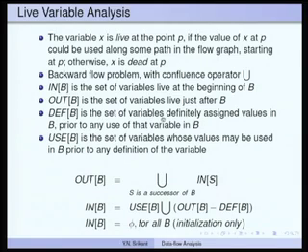Def set is the set of variables definitely assigned values in the basic block B prior to any use of that variable in the basic block B. So, we want to define a variable before using it in the same basic block. Use B is the other way, the set of variables whose values may be used in the basic block B prior to any definition of the variable in the basic block B.